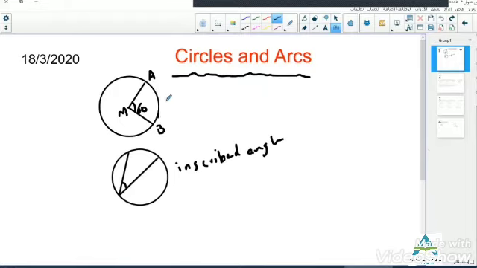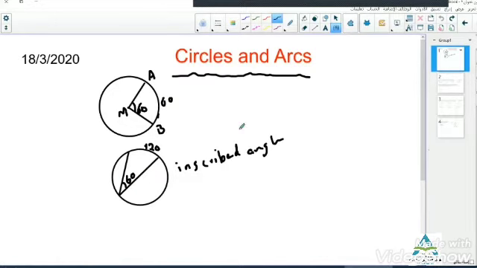But in inscribed, if this angle is 60, the arc is going to be 120. Double 60, multiplied by 2. Yes, exactly.